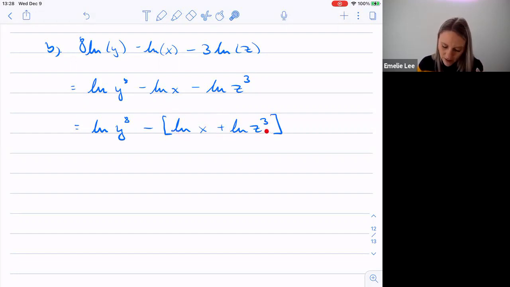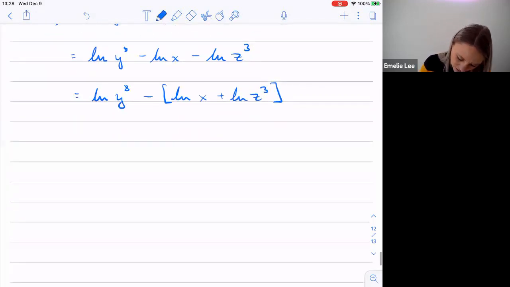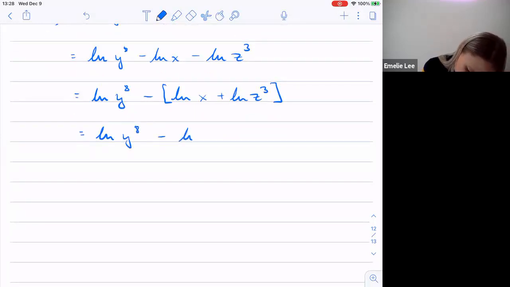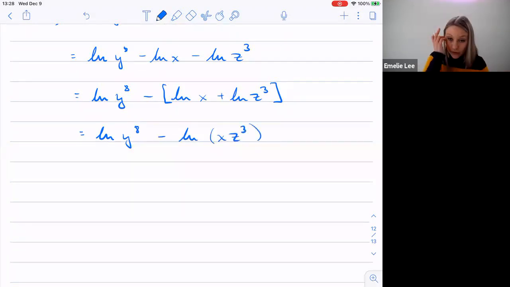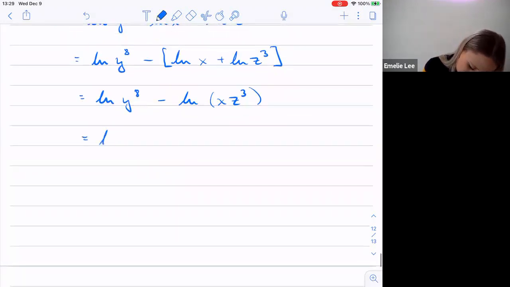Now I can simplify this a little bit, right? So this becomes the log of y to the 8 minus the log of x times z to the power of 3, right? Combining these because I'm adding, so I multiply inside. And then if I have the log minus a log, this becomes the log of y to the 8 divided by x z to the 3.